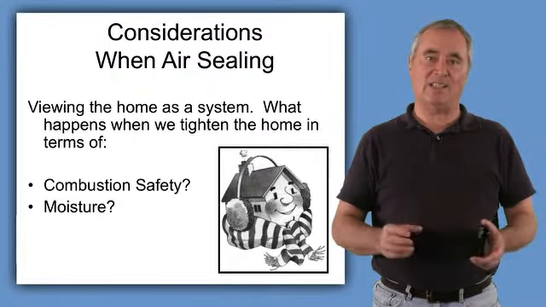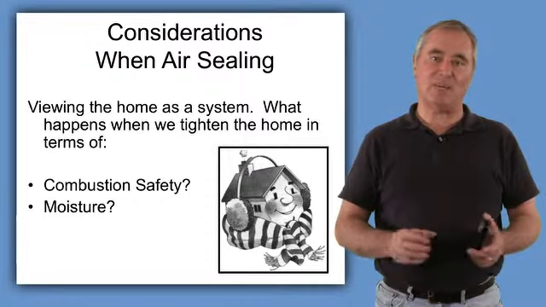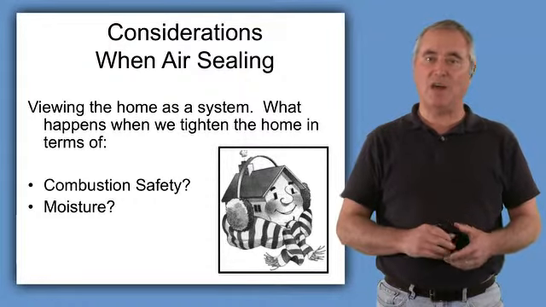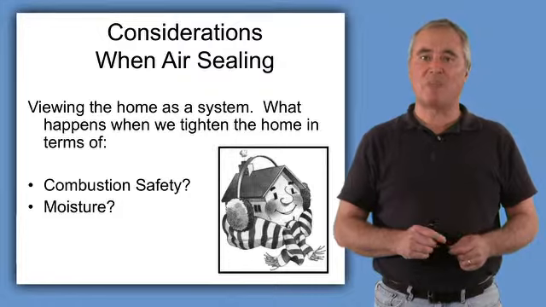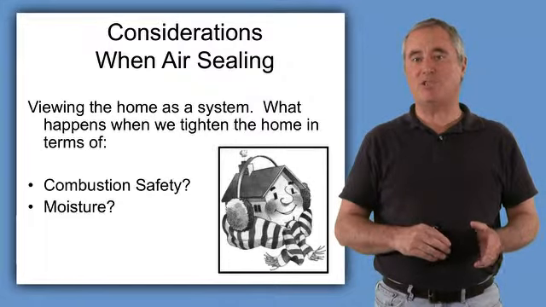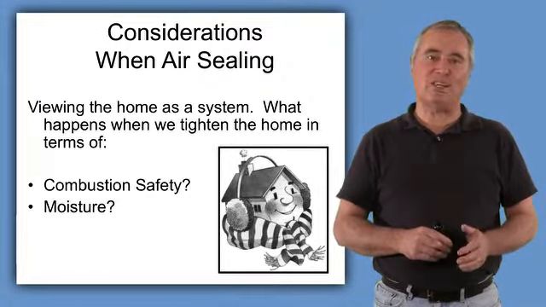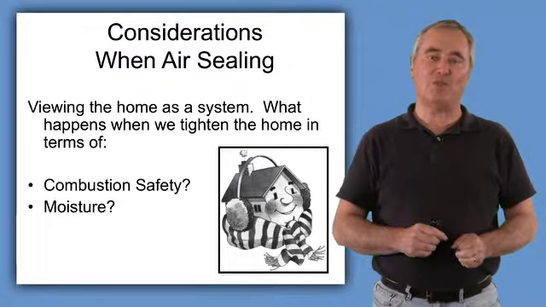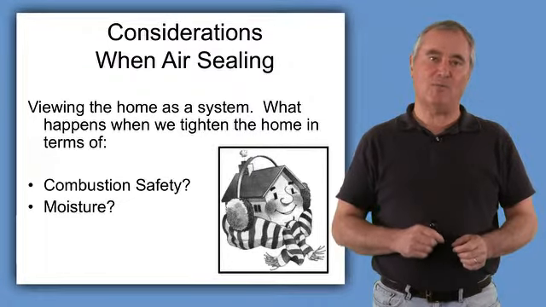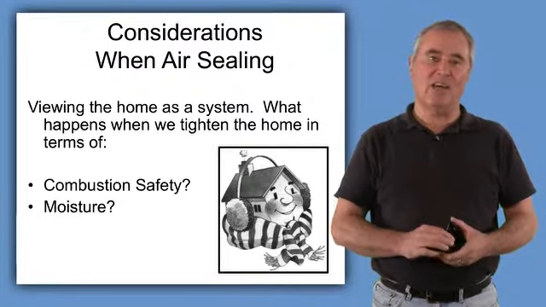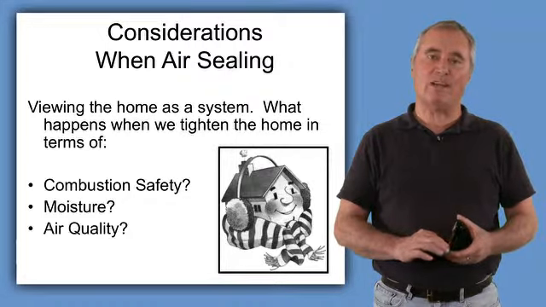The same is true with moisture. Often it's excessive air infiltration that helps carry moisture out of our houses, especially in the wintertime. And carrying that moisture out gets reduced as we air seal, so we may have more issue with moisture problems in the house as we air seal. And of course, indoor air quality.